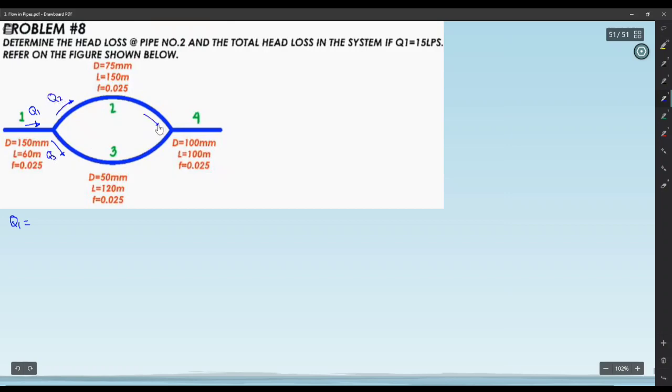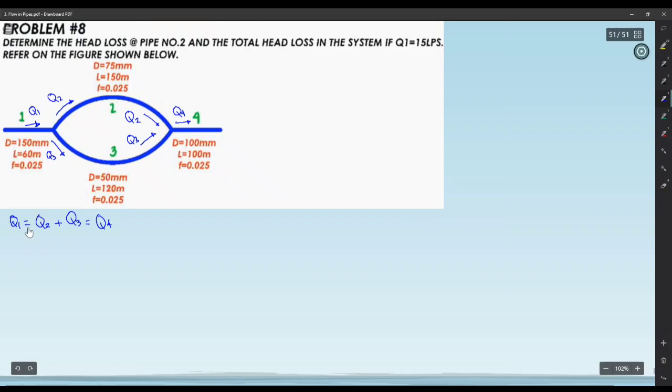Pagdating niya dito, nag-merge ulit sila para ma-produce yung flow rate sa 4, so pangalanan natin siya as Q4. Ibig sabihin, Q1 is equal to the flow rate ng 2 plus the flow rate ng 3, and Q1 is equal also to the flow rate sa number 4.